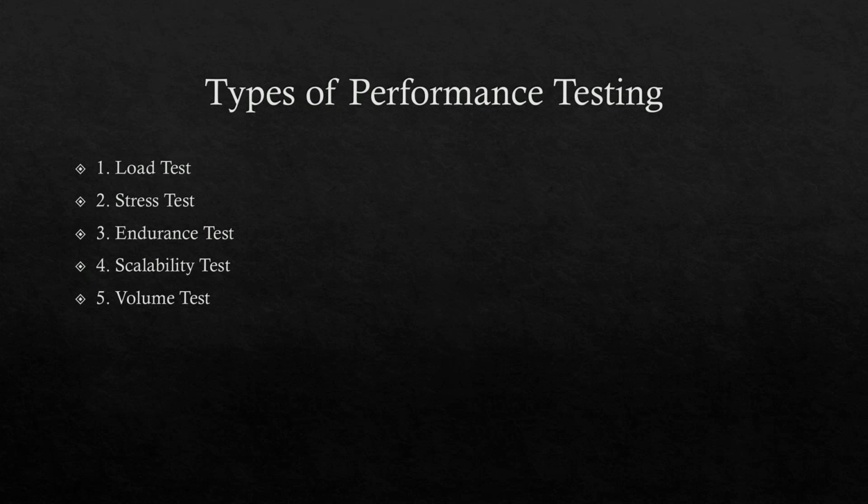It has multiple naming conventions. An endurance test is also called a soak test, or a duration test. Then we have a scalability test, a stress test and a volume test. These are some of the common things which we do. Volume test is not that common, but the most common are load test, endurance test, and scalability test.